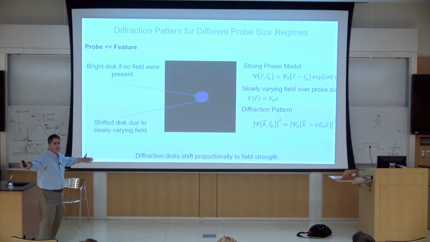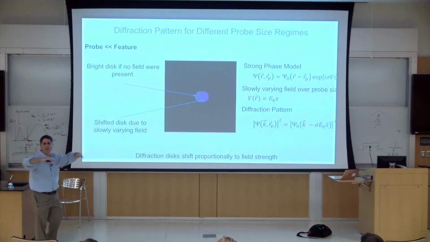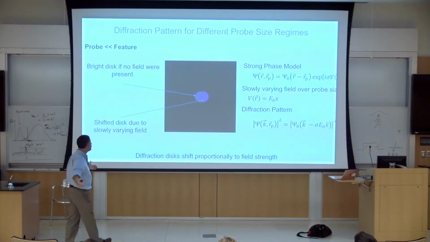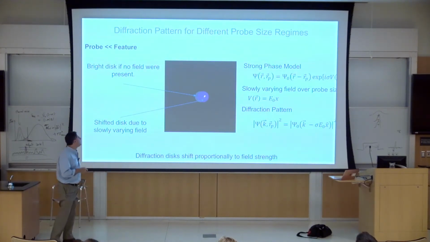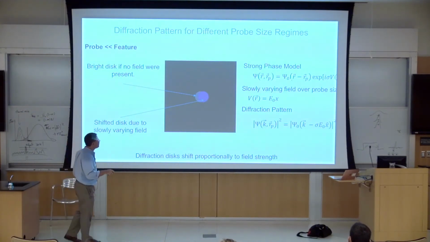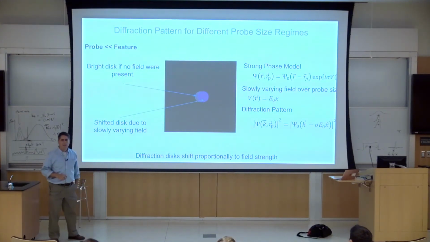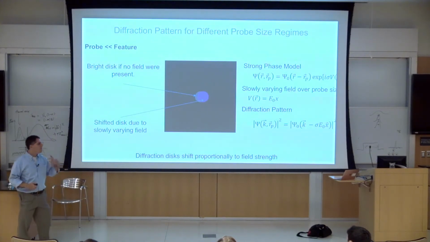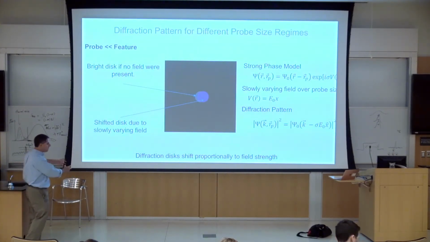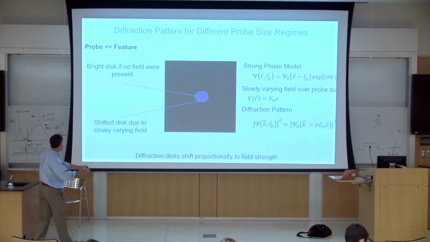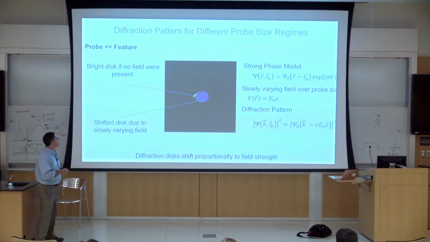So long-range potentials, slowly varying potentials like for magnetic fields, all they do is they shift the diffraction pattern. Mathematically, that's the proof over there. So that's why these center of mass signals are good at looking at electric fields and magnetic fields. The slowly varying part is just a shift of the field.